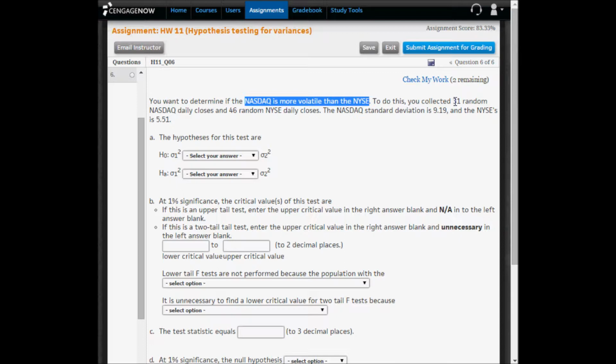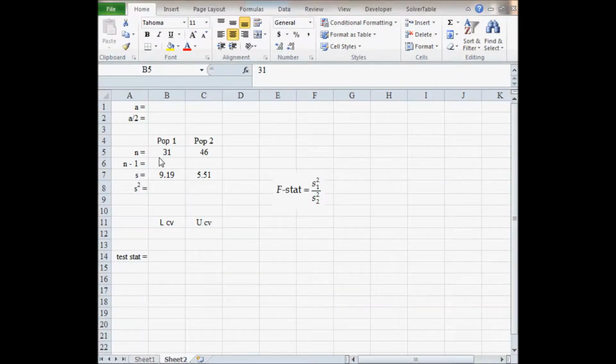We have 31 NASDAQ daily closes and 46 random New York Stock Exchange daily closes. The NASDAQ standard deviation is 9.19 and the NYSE's is 5.51. I've copied the sample sizes and the sample standard deviations from the CengageNOW problem into my Excel spreadsheet.